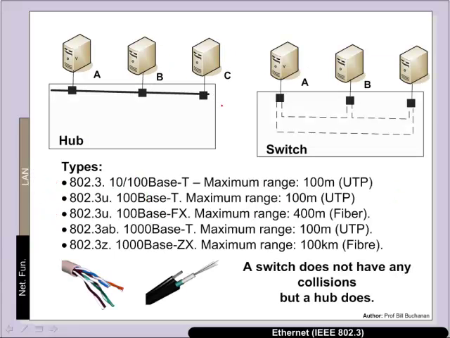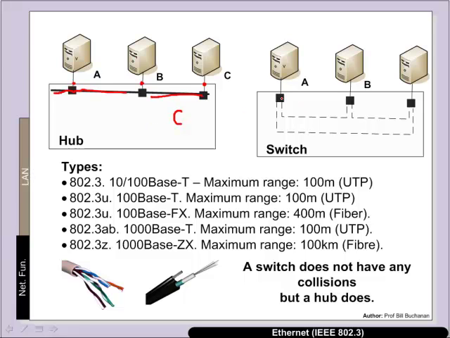So rather than running a cable, we have a convenient device that we can connect to called a hub. And inside the hub we have basically a bus, which is the same as running our coaxial cable. So we still have collisions and we still have contention inside a hub.